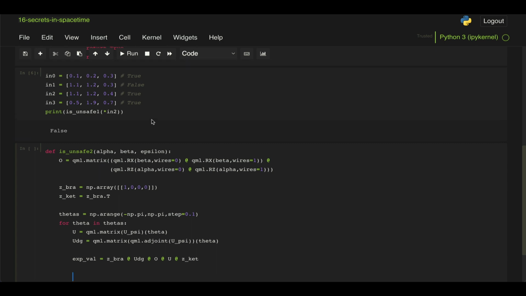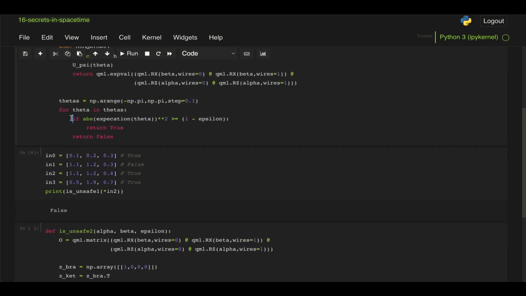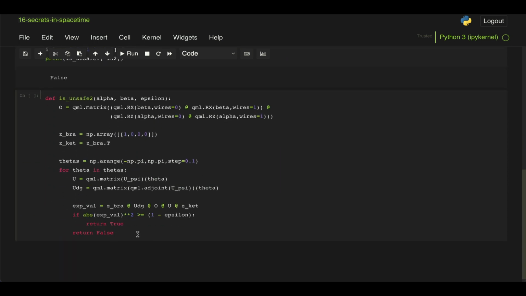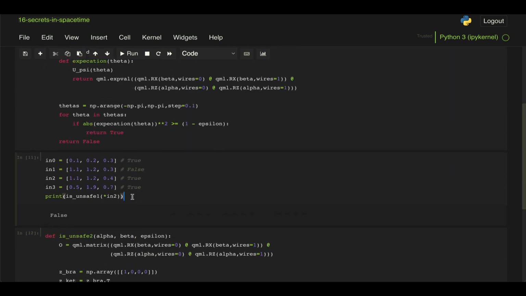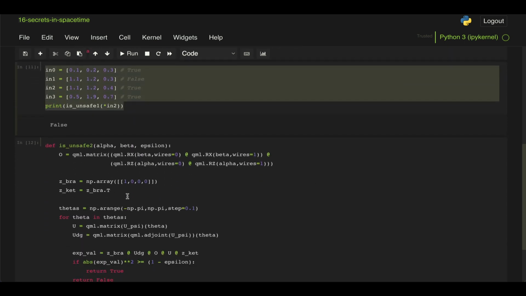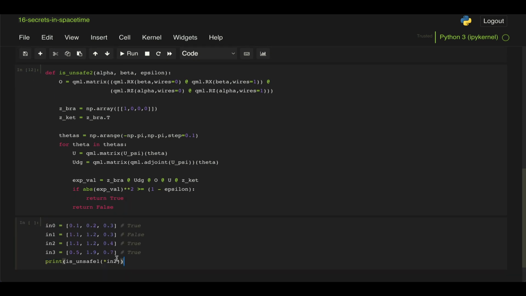And then just like I did above, we're just going to check if the absolute value squared of that expectation value is larger or equal than 1 minus epsilon, and then return true if that's the case. If not, return false. Okay, and now let's go here and copy and paste the same inputs we were using before, but now let's evaluate them using this isUnsafe2 function.